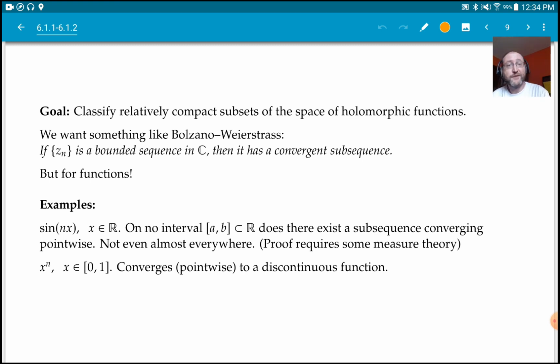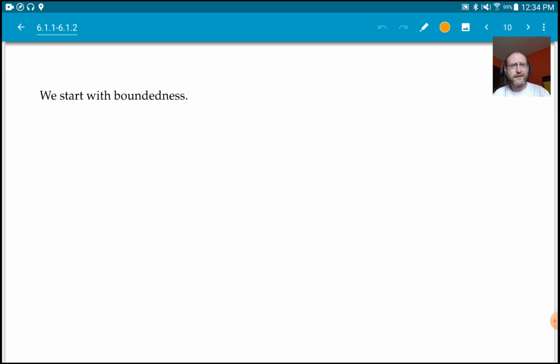If we're going to start with some sequence of holomorphic functions, we're going to want to have some sort of boundedness on them. So let's even just say bounded. What sort of convergence do we get? And we'd really like the limit to be holomorphic. We've talked about convergence before.